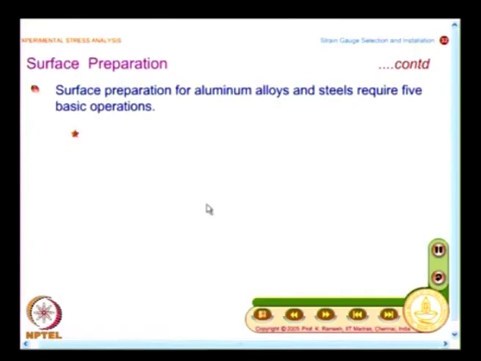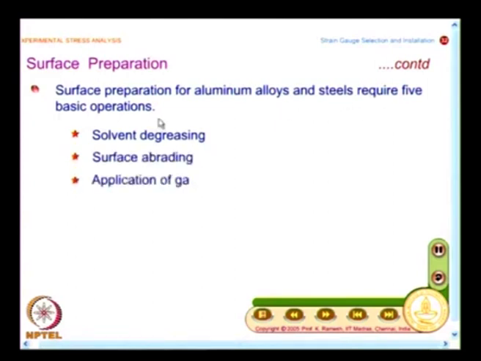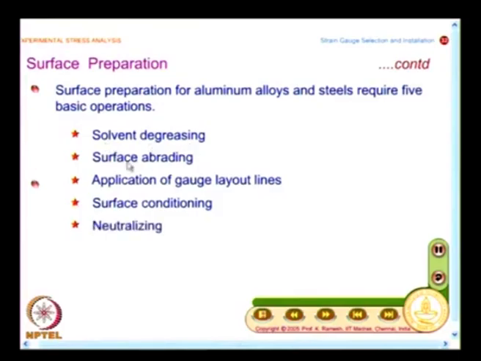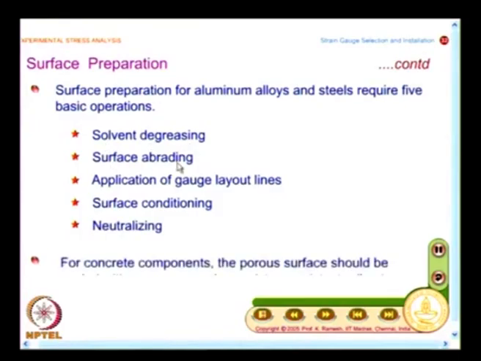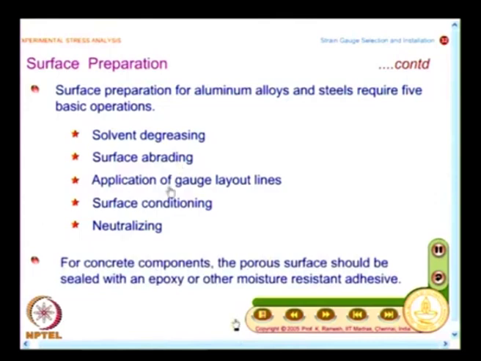For aluminum alloys and steels, the surface preparation requires 5 basic operations. It depends on the base material. The steps are solvent degreasing, surface abrading, application of gauge layout lines, surface conditioning and neutralizing.